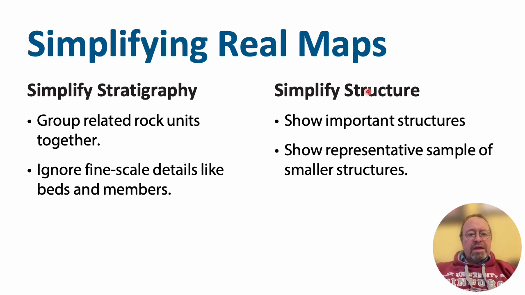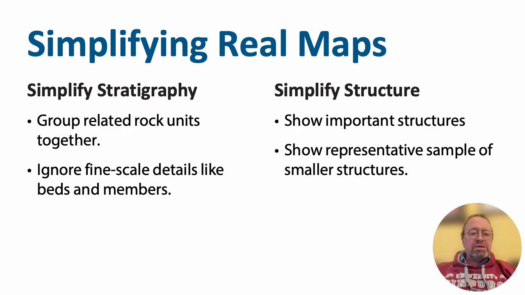The important thing, however, is we want to be able to pick out and demonstrate the important structures, and as a result, we do want to be able to break down the stratigraphy enough to be able to resolve those. If you colour everything the same colour, you can't see any detail. We do want to be able to show some of the smaller structure as well, where possible. And again, that will help you decide how to break things down and simplify them.